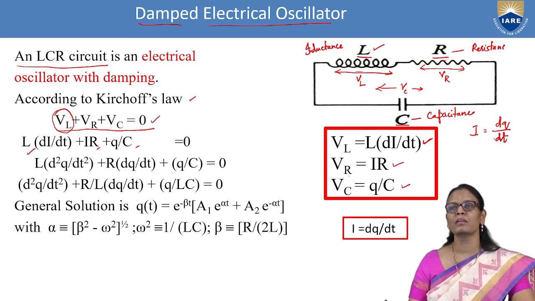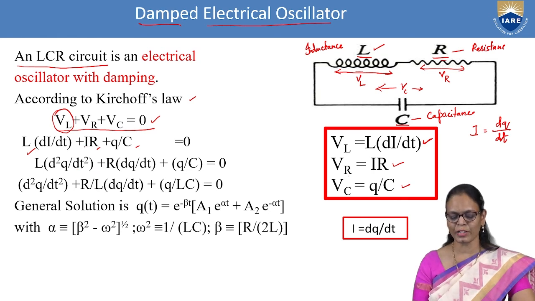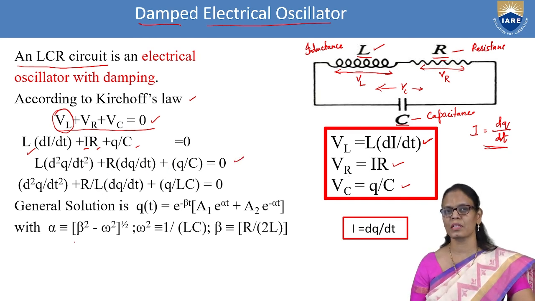I is equal to dq by dt. Substituting for I, d by dt of dq by dt gives us d square q by dt square. So L into d square q by dt square plus R into I, and I is dq by dt, so R into dq by dt, plus q by C is equal to 0.